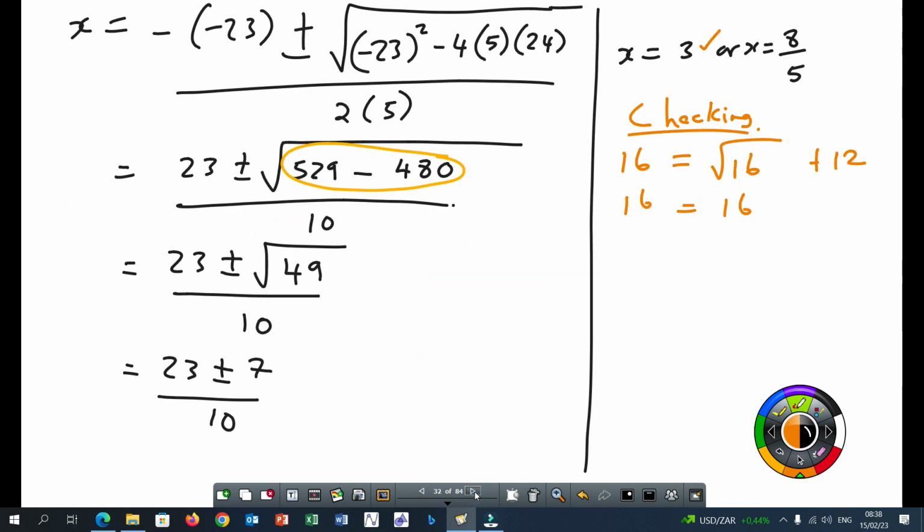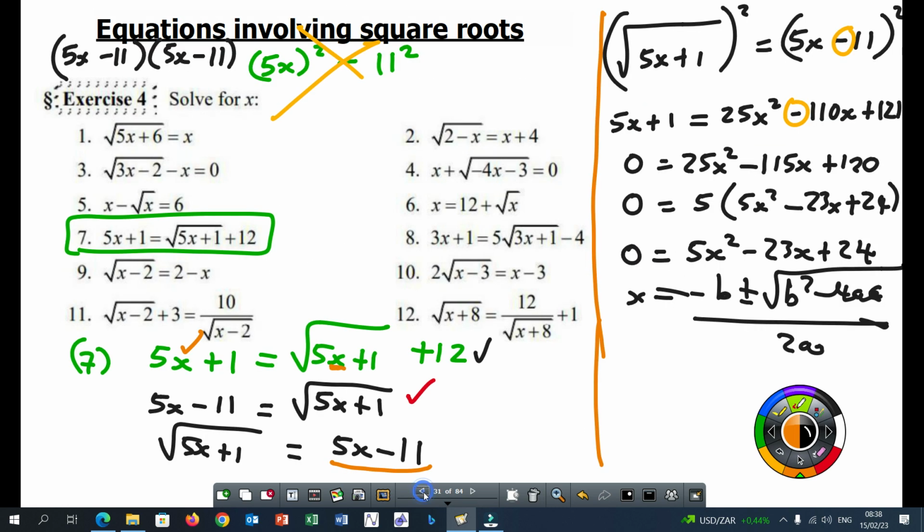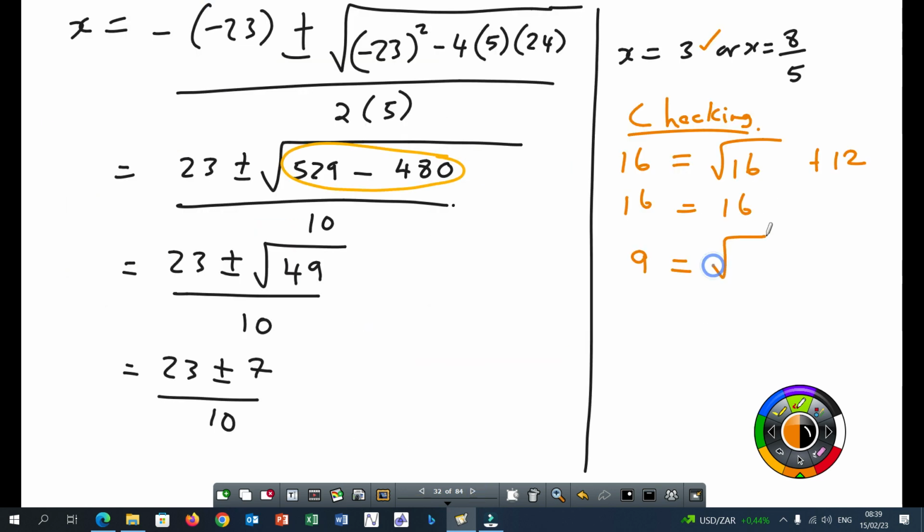So I'll end up getting 9 on the left hand side. Then if I put the same 8 there, I'll also get an 8 plus 1, then I'll get a 9. So square root of 9 plus 12, and this will give me 3 plus 12. So I'll get 15, which means this is not possible. Right, so this is not a solution.